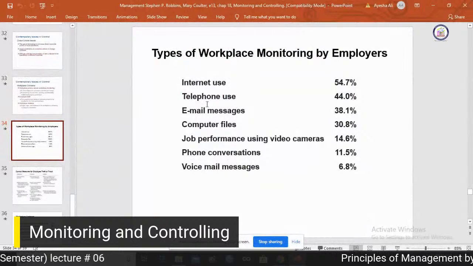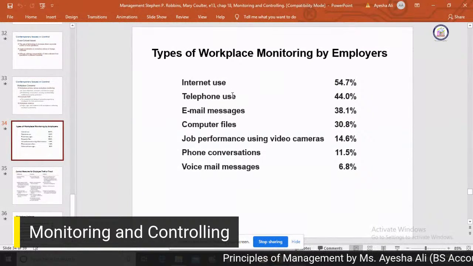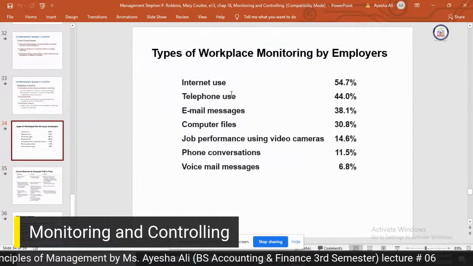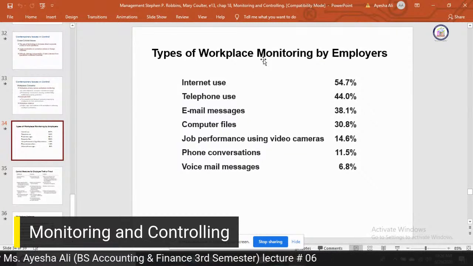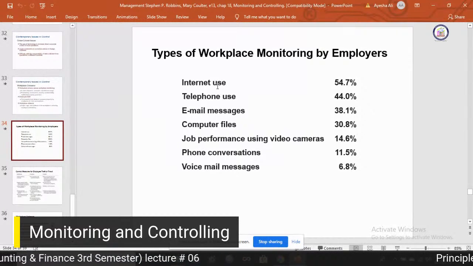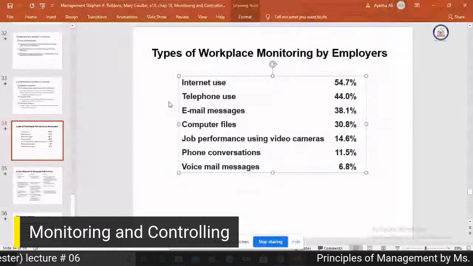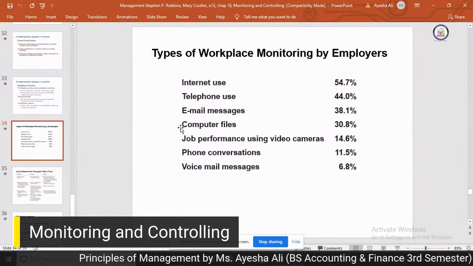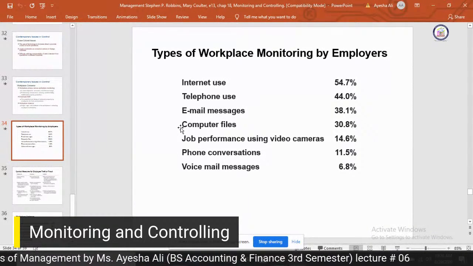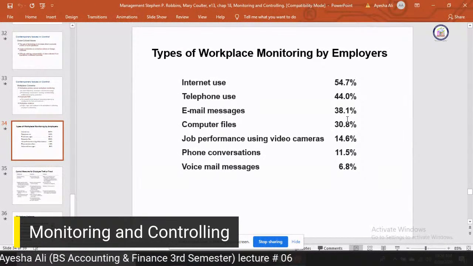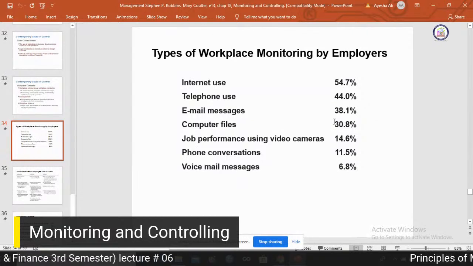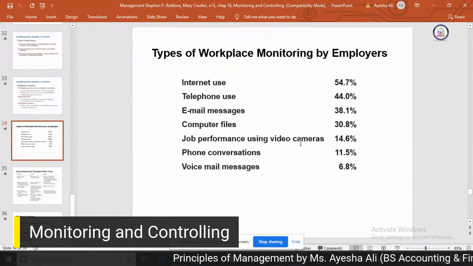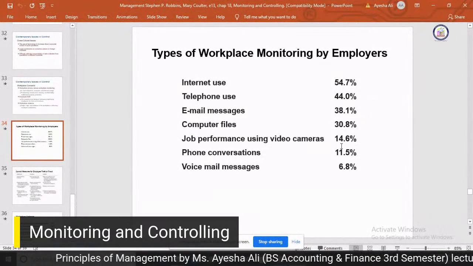So we give some percentages. Internet use, 54% of monitoring is done in internet use, and in telephone 44%, and email messages 38.1%, and computer phone 30.8%, job performance using video cameras and so on.